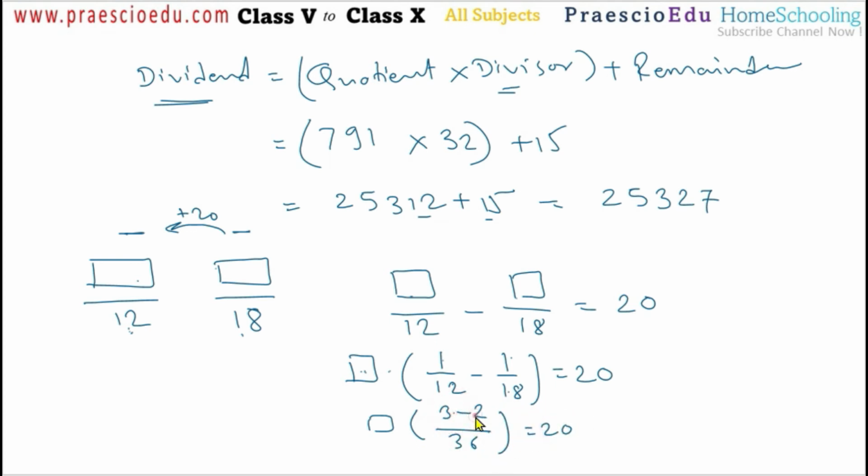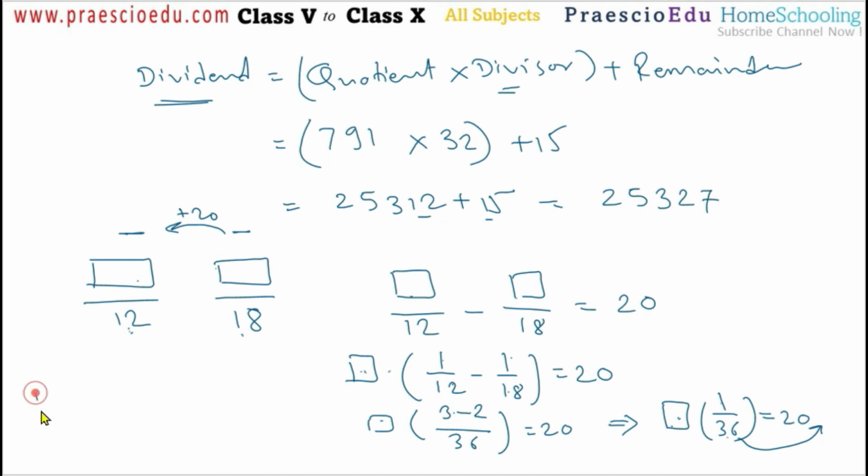Now 3 minus 2 is 1, so I'm writing down here. So this box, the unknown number multiplied by 1 by 36, okay, is equal to 20. Now here this 36 is dividing this number, okay. Here 1 by 36 means the unknown number divided by 36, it should be moved to the other side, so it will be multiplied by the 20, okay.